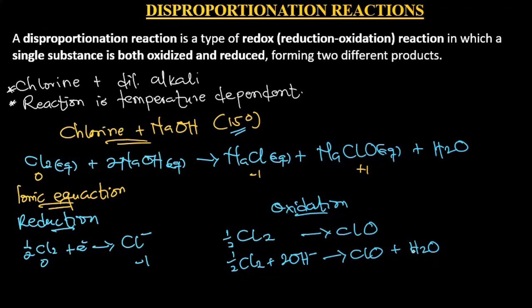So we have 1 mole of water here. The only thing left to balance here is the charge. All right, so we have 2 minus on the left and we have minus 1 on the right. So to balance this, I'm going to add plus 1 electron to balance the charge.